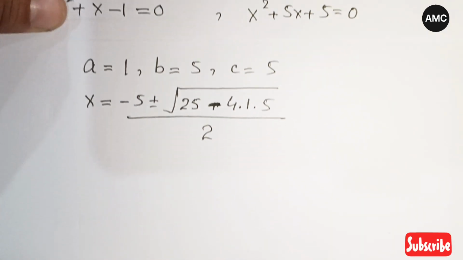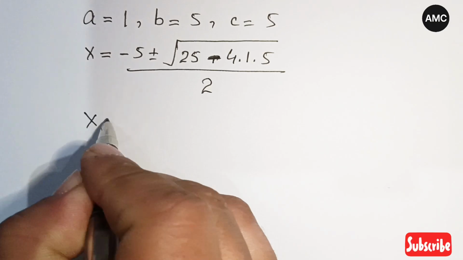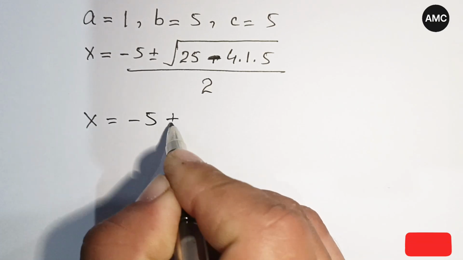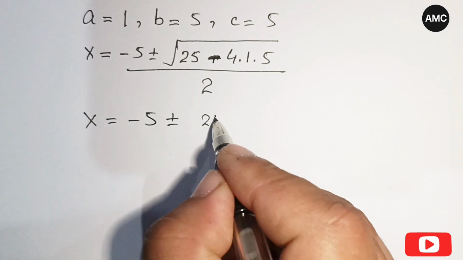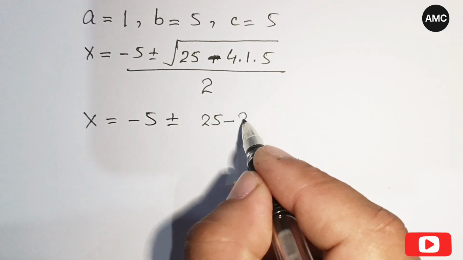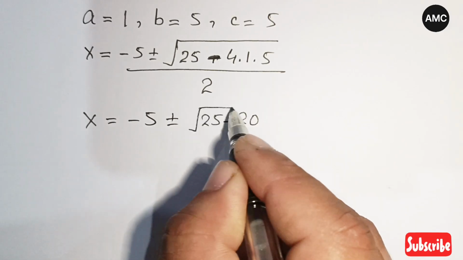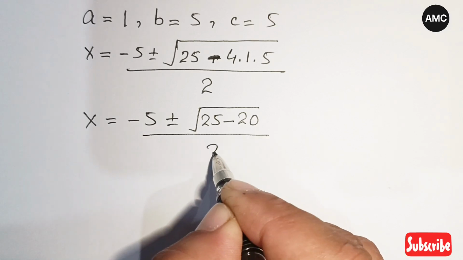Now our next step will be x is equal to minus 5 plus minus the square root of 25 minus 5 times 4 is 20, all over 2.